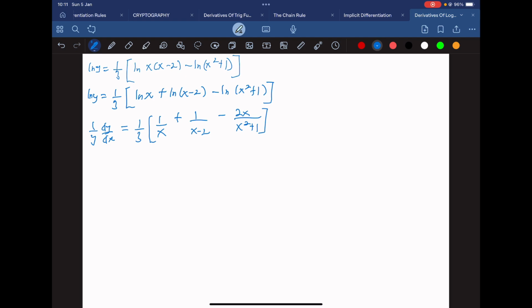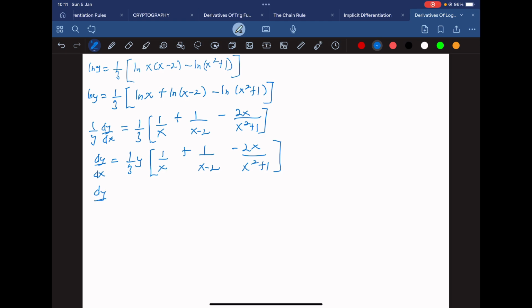So to find dy/dx, you just have to multiply the right hand side by this y. So in this case, we have 1/3 y, then 1 out of x plus 1 out of x minus 2 minus 2x out of x squared plus 1.